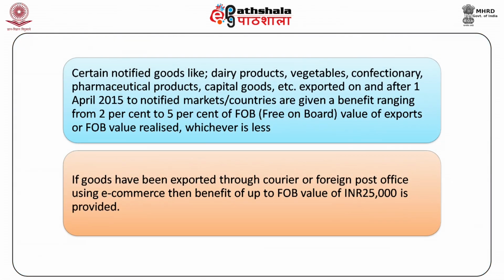Certain notified goods like dairy products, vegetables, confectionery, pharmaceutical products, capital goods, etc. exported on and after 1st April 2015 to notified markets or countries are given a benefit ranging from 2% to 5% of FOB, that is free on board value of export, or FOB value realized, whichever is less.